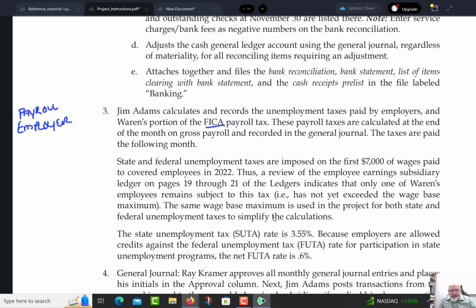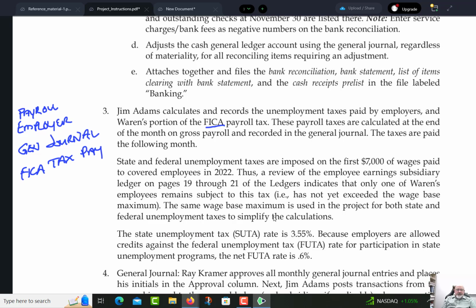So we're going to basically take whatever we have in the payroll journal and add it in this transaction. This transaction will be in the general journal, and it will be recording the FICA taxes payable that we have for Medicare and Social Security.